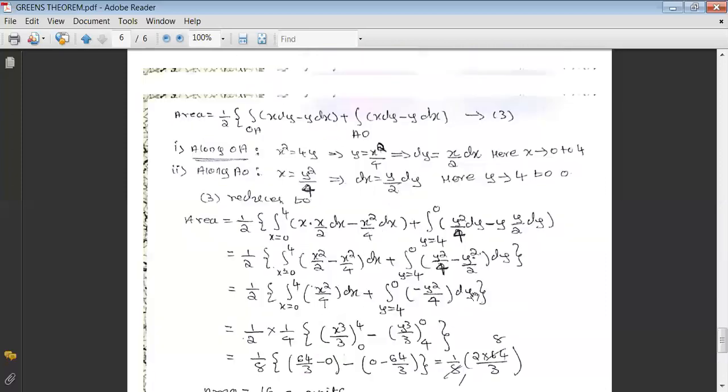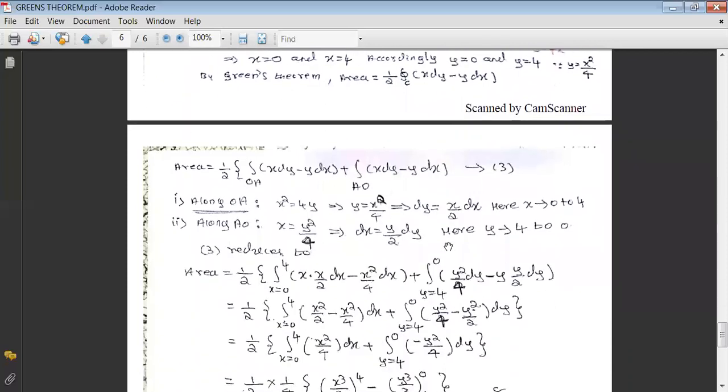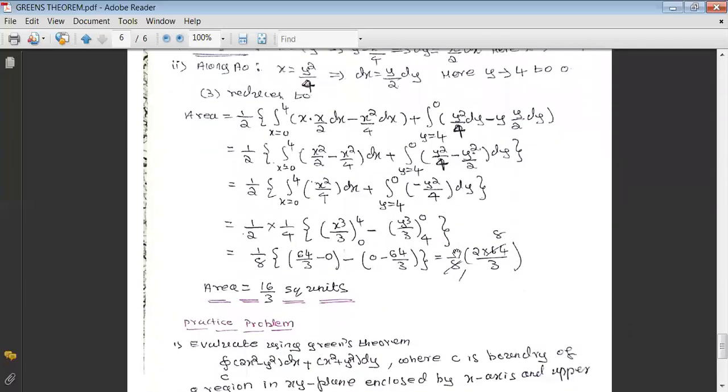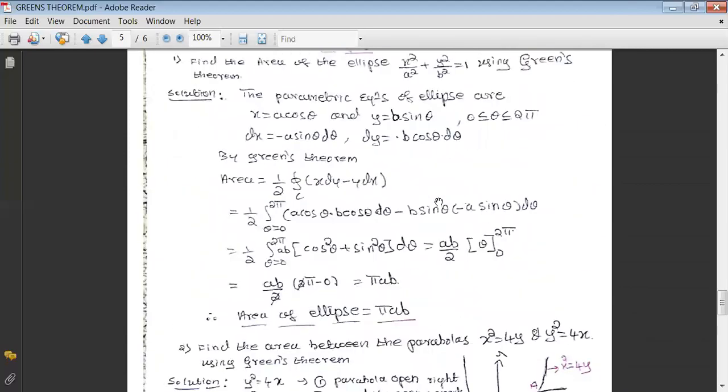That is the area bounded by the parabolas y square equals 4x and x square equals 4y. And this we have evaluated with the help of Green's theorem. This is one important application of Green's theorem. It helps in evaluating the line integral, as well as finding the area bounded by two curves or a single curve.